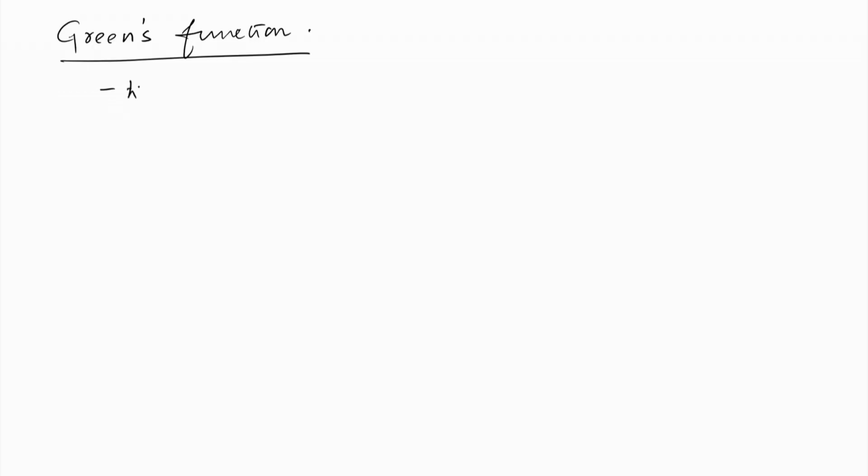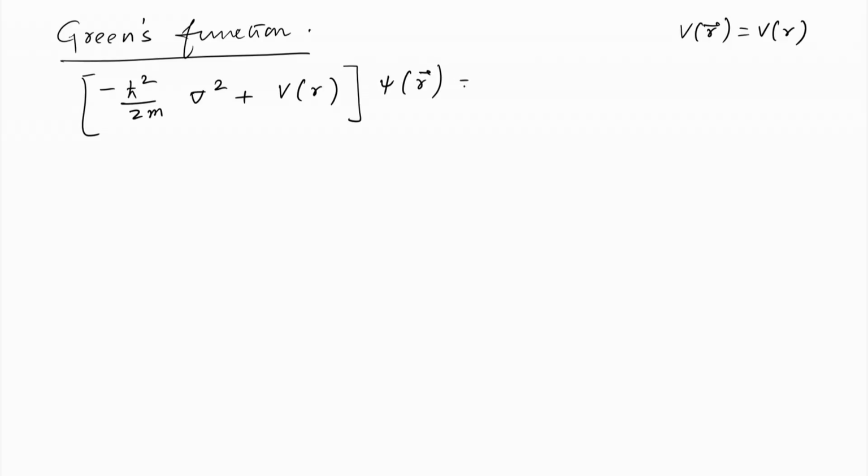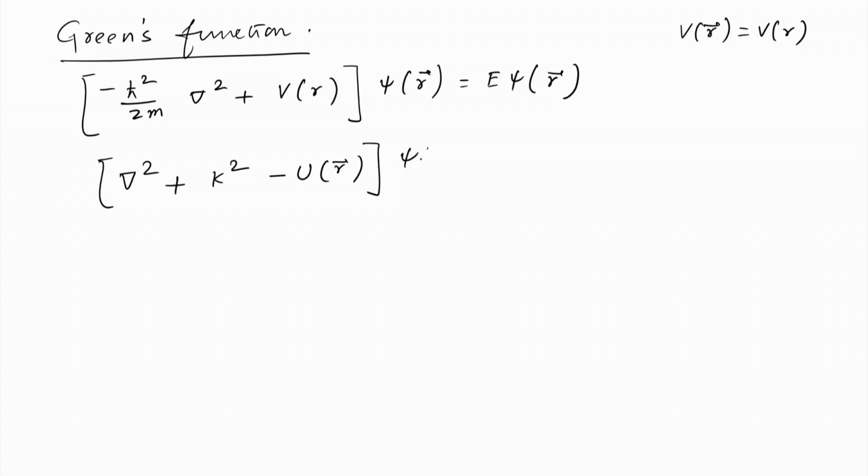So, we have to solve an equation which is like this: minus h cross square over 2 mu del square plus V of r, where we can simply take V of r to be even independent of theta, acting on psi of r is equal to E psi of r. And so, this is equal to del square plus k square minus u of r acting on psi of r equal to 0.